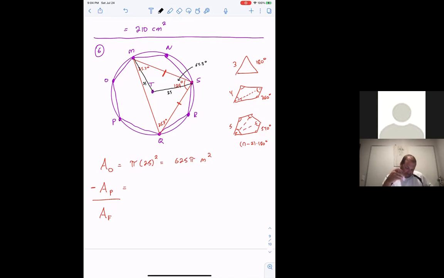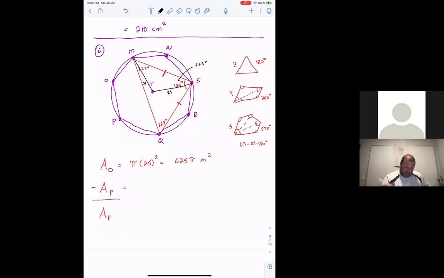That doesn't make any sense, does it? Because that's 25 and that's 25, and that makes this an isosceles triangle. How is that possible? Interesting.